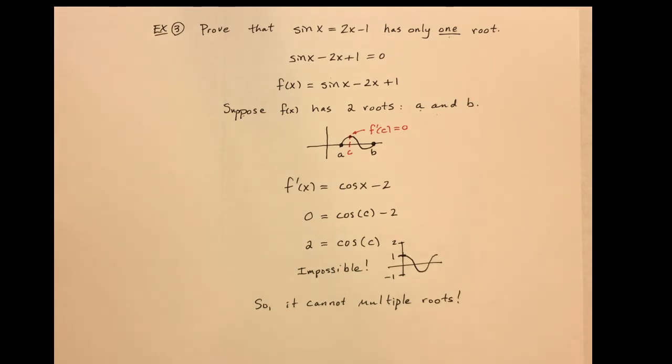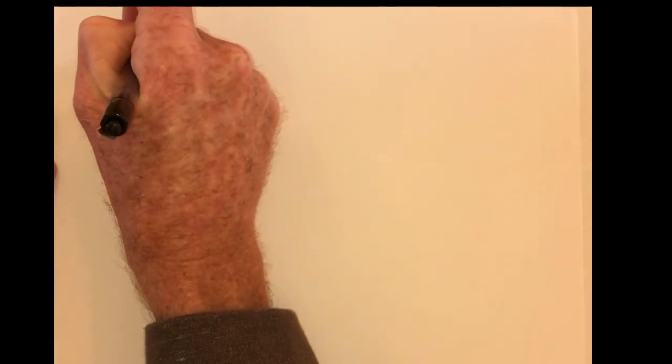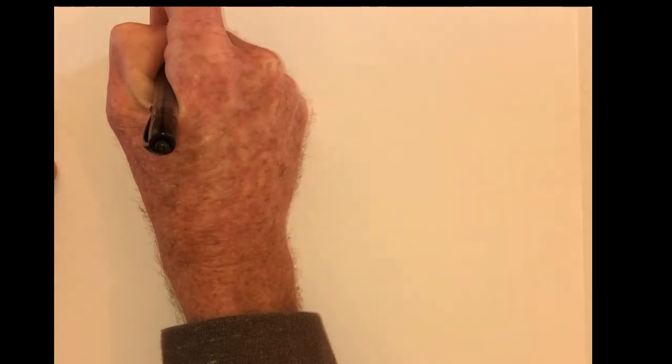And now on to the last example, which is even a completely different way to use the mean value theorem / Rolle's theorem. So for example, number 4. One of my favorite subjects, long distance running.